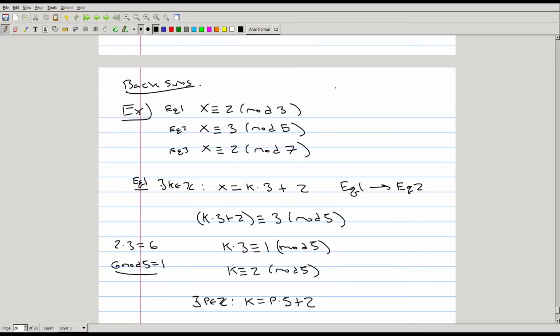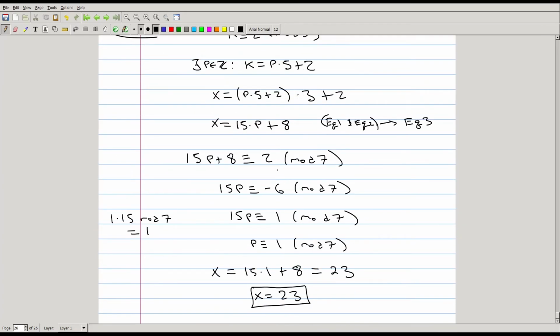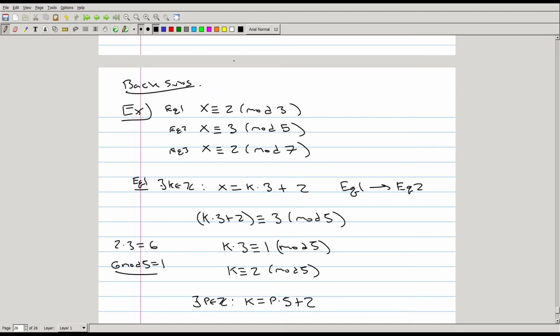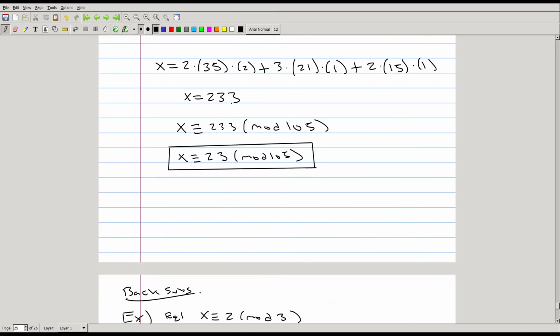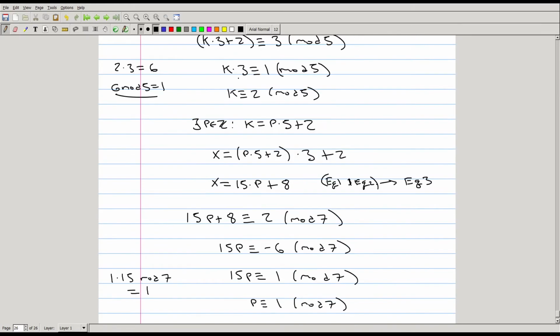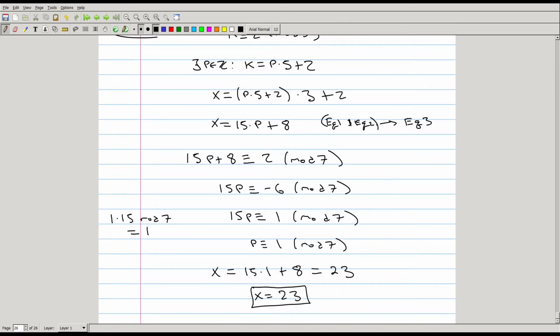So you can use really either of these two methods, backward substitution or our direct method, to understand how to solve these systems, but these are super important in applications. And so what I'll do is end the lecture with a proof that the prime factorization of any integer is unique.